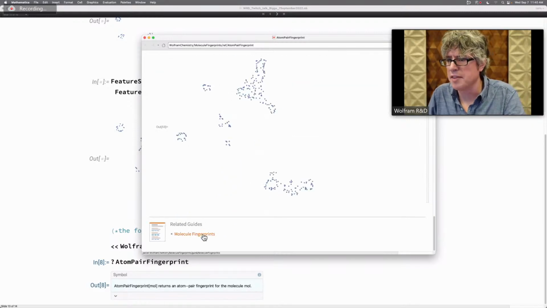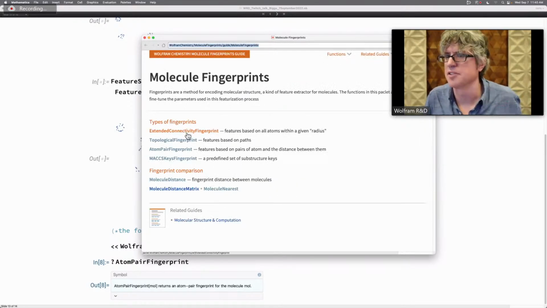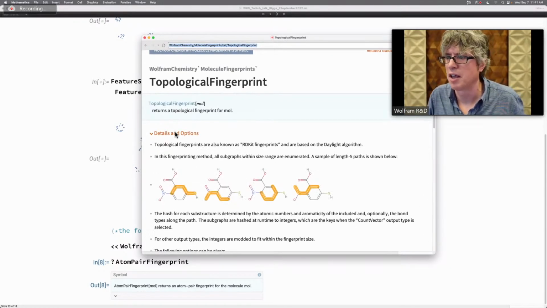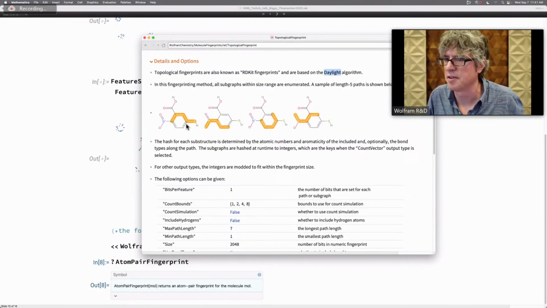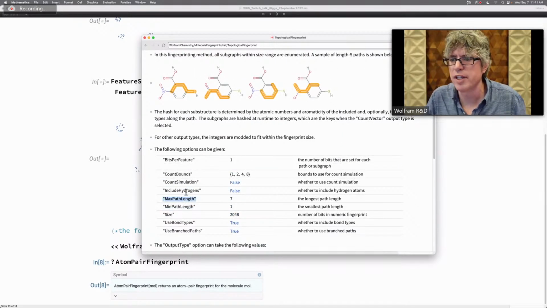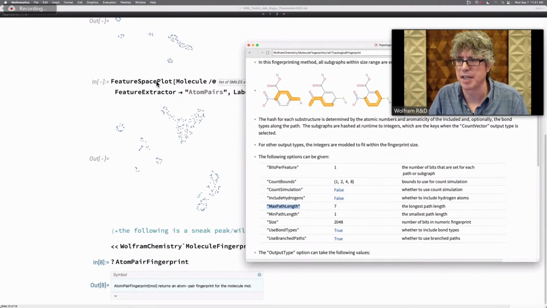Okay, so in this paclet, right, there are extended connectivity fingerprints, topological fingerprints, which are otherwise known as RDKit or Daylight fingerprints. They have their own hashing algorithm, their own set of options. And so really the point of this is that built into the Wolfram Language, we have feature space plot and feature extractor. And those provide just a turnkey, like, boom, it just works.